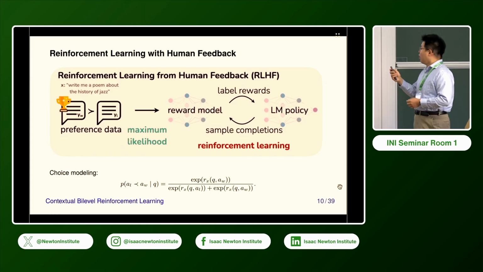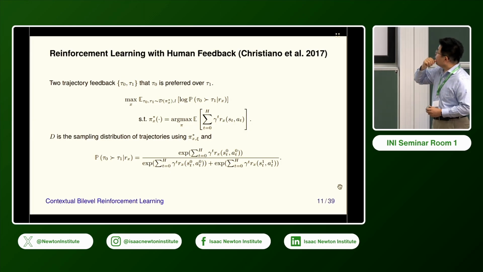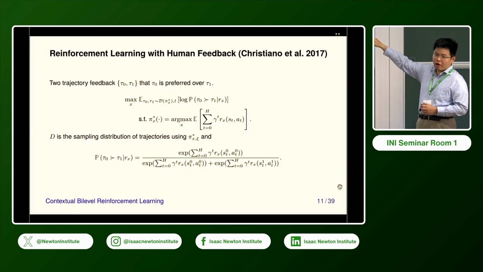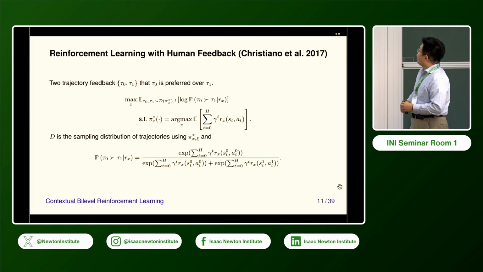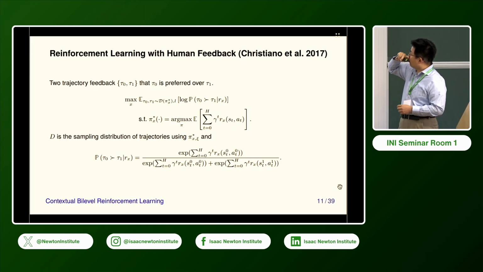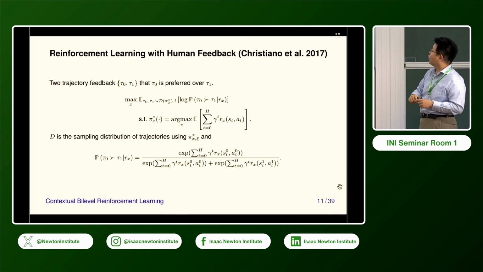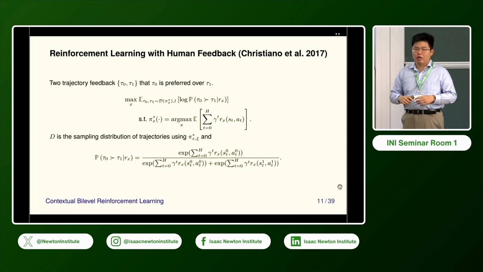Okay. And how is it relevant to bilevel reinforcement learning? In particular, if you get two feedbacks, let's denote them as trajectory tau 0 and trajectory tau 1. And let's say the human labeler always says, I prefer tau 0 over tau 1. Then you can formulate this reinforcement learning with human feedback as a bilevel problem. The upper level is trying to maximize the log probability that tau 0 is preferred over tau 1.